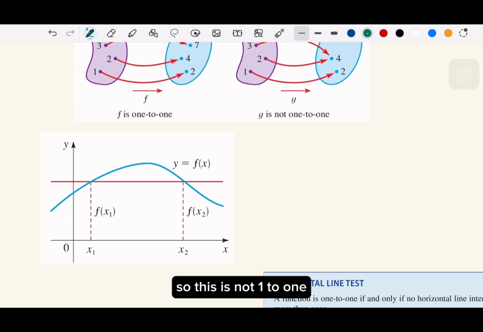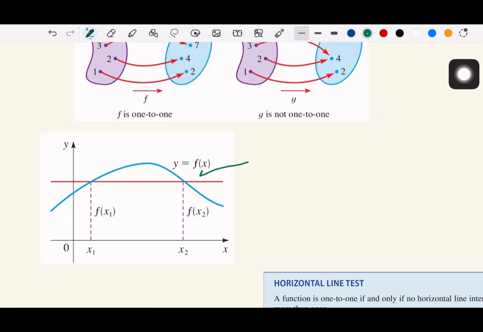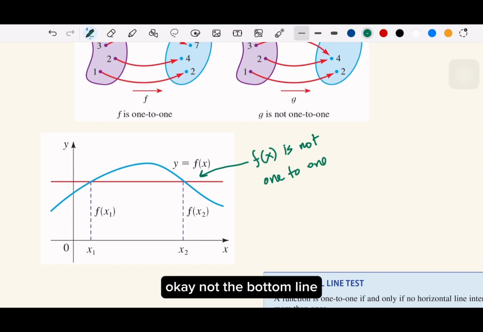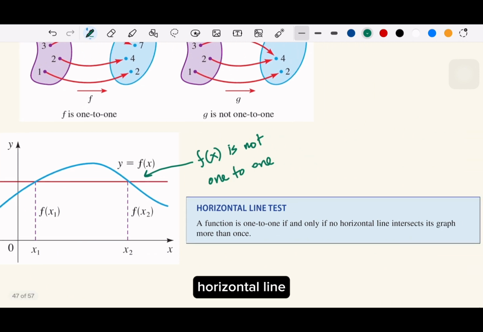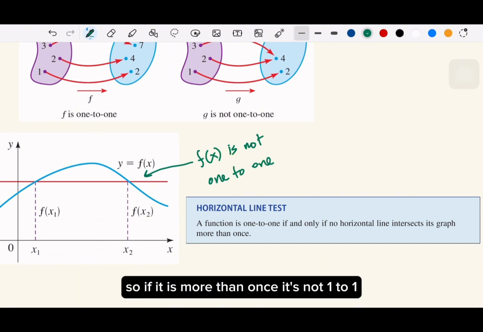So we are taking the horizontal line, and if it is more than 1, it's not one-to-one. It should be exactly 1 point.